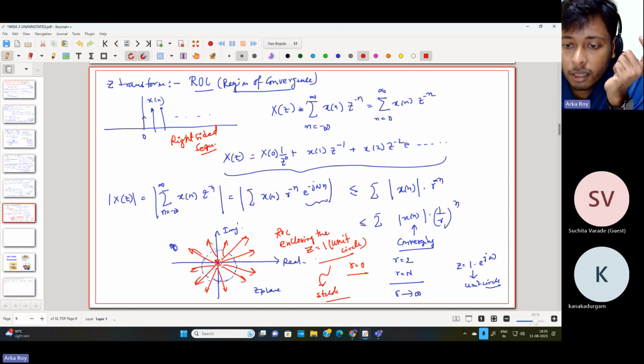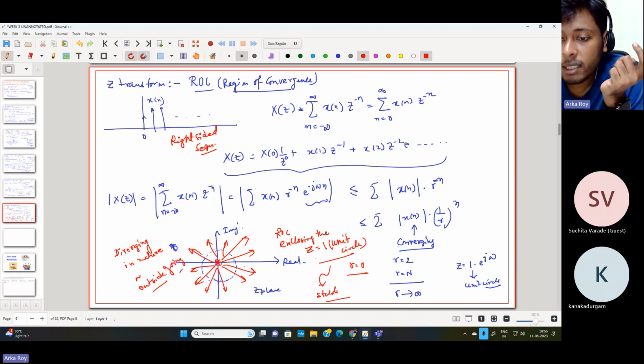We can see the ROC is diverging in nature, or outside going. That means all the ROC is going outside, dispersing from R equals 0 and going to infinity.